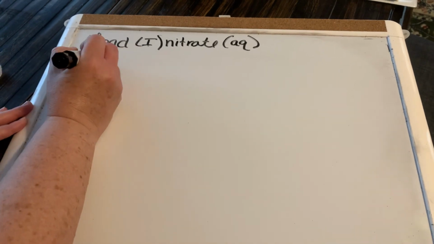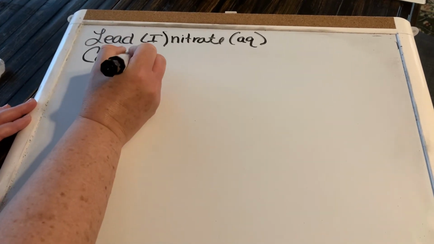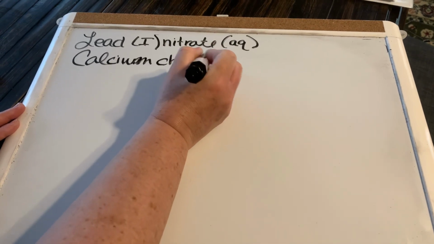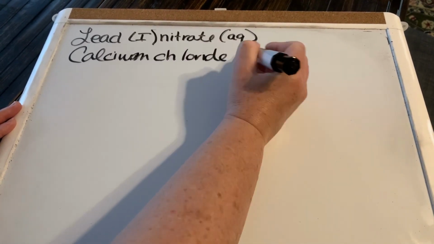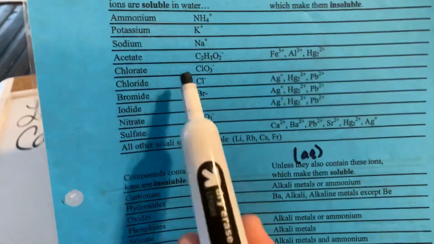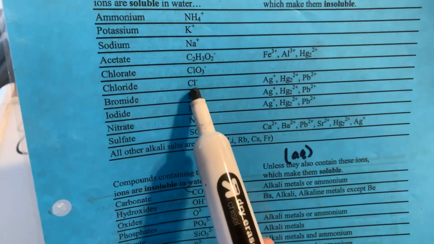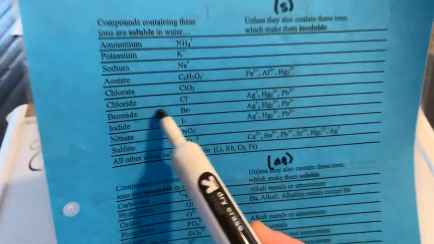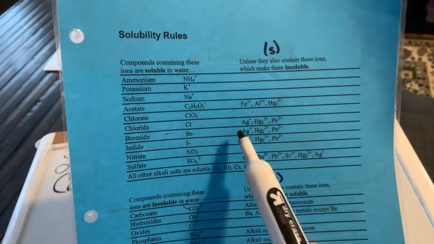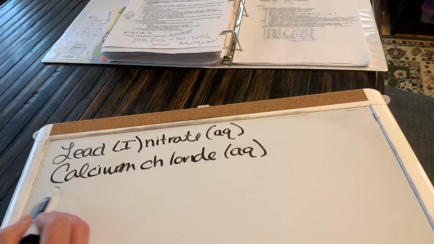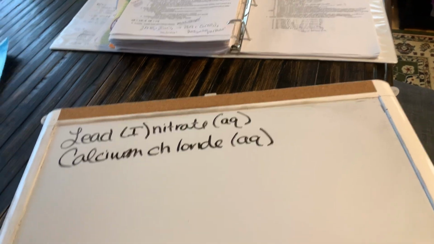Add calcium chloride, and that's aqueous. I know that, and again, I'll show you this later, but I'm just giving you a little preview. Chloride, Cl, is only a solid if it's with Ag, Hg, or Pb. It's with calcium, so it's aqueous.